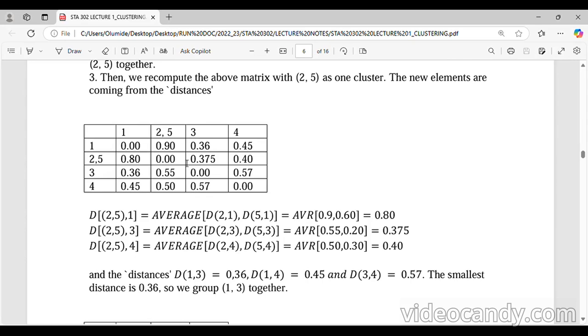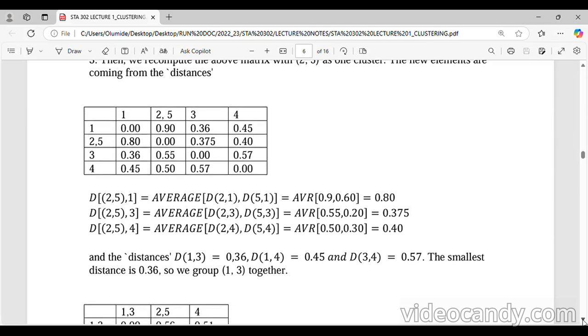We split it into 2 and 4, and 5 and 4, which are 0.50 and 0.30. When we average that, we have 0.40. The remaining distances, 1 and 3 and 1 and 4, are already given in the earlier table, so we don't need to split them.